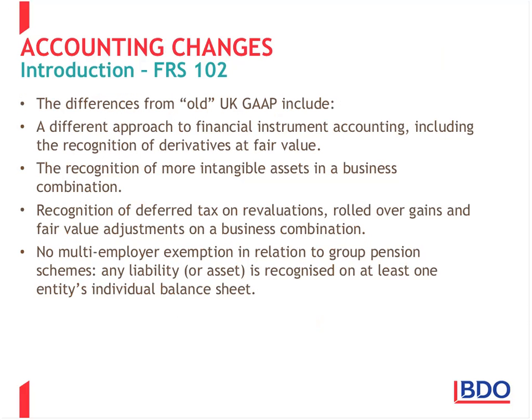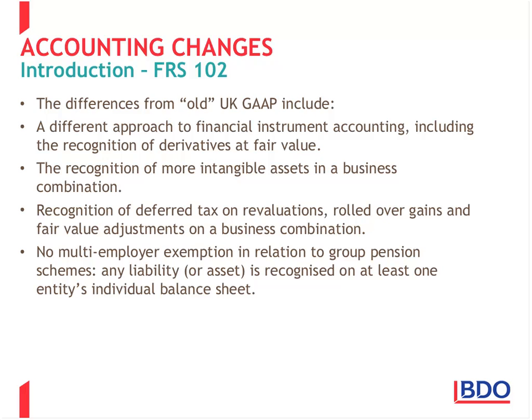So, what are the differences between FRS 102 and old UK GAAP? Some of the key changes are there's a different approach to financial instruments, including the recognition of derivatives at fair value. Historically, SMEs would not have recognized any fair value movement.